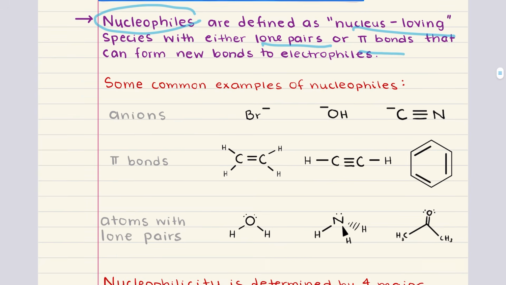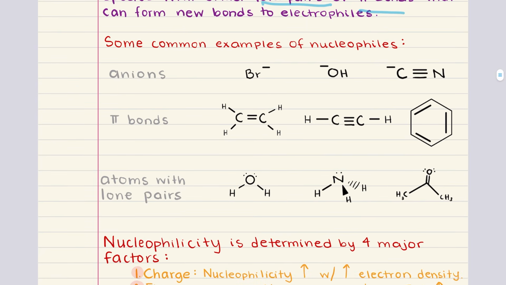Some common examples of nucleophiles include anions like bromide, hydroxide, and cyanide. These species carry a negative charge, meaning they have excess electron density that makes them highly reactive towards electrophiles.